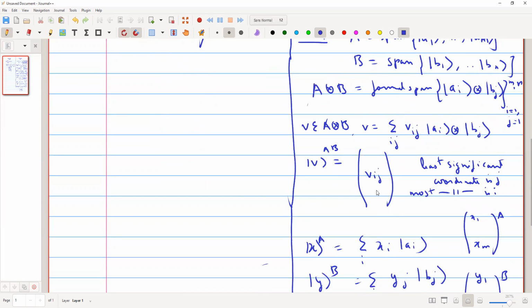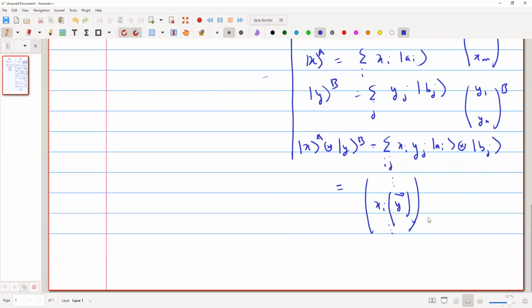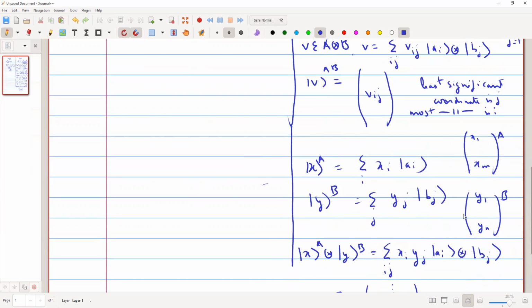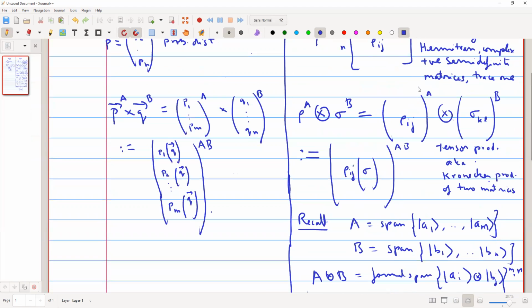But once I write things as coordinates, you can say that if all I want is coordinates and tuples, then it's clear what it is. Like x is an m tuple, y is an n tuple, and the tensor product of two vectors is an mn tuple, and for the mn tuple I choose this order. And once I choose this ordering, I would like to define the tensor product of matrices also. So this matrix acts on the system A, right? So rho will act on m tuples. Sigma acts on system B, so sigma acts on n tuples.